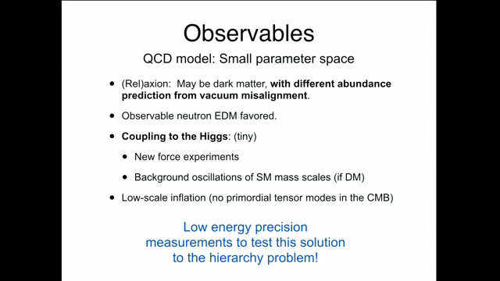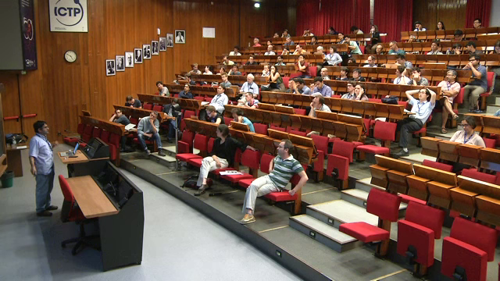Getting to 10 to the minus 10 did cost us a fair bit in our ability to solve both the hierarchy problem and the strong CP problem. So we would be quite happy if the neutron EDM was around the corner. But the crucial thing that really would prove that this mechanism is how the world worked is the fact that for this whole story to work, the field phi, or the axion, has to couple to the Higgs with a scalar coupling.